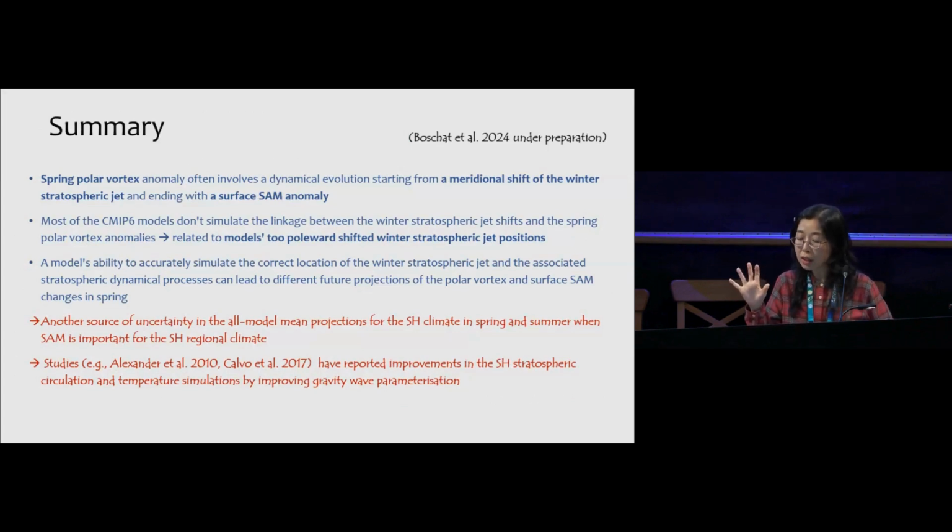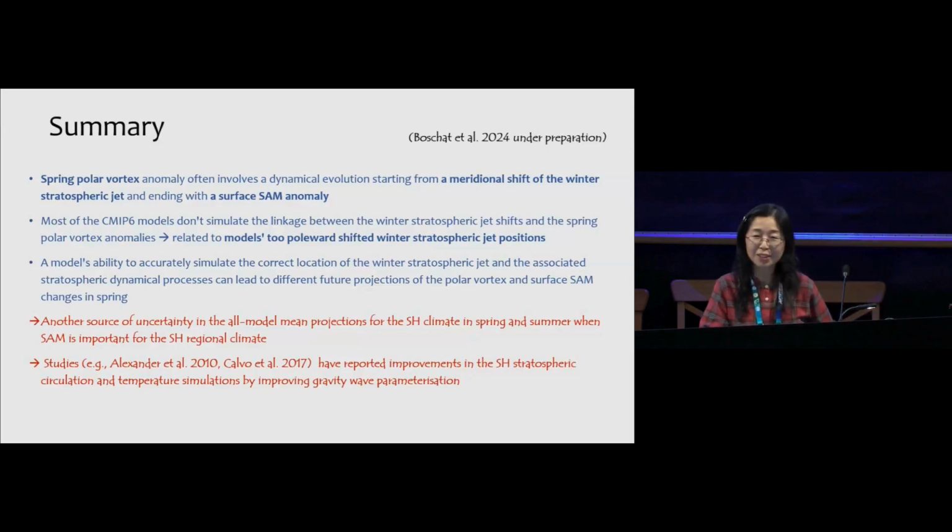Good news is that there are some studies that have reported some improvements in the Southern Hemisphere stratospheric circulation and temperature simulations by improving gravity wave parameterizations. So hopefully we will have some more blue models in the CMIP7 ensemble. So that's all. Thank you for your attention.